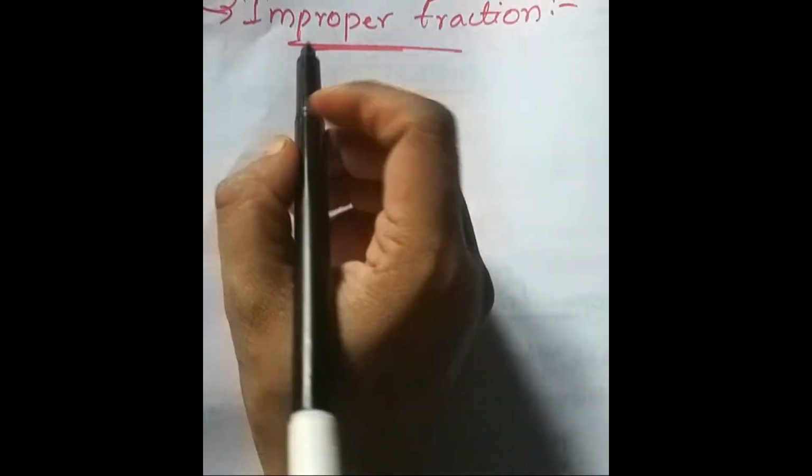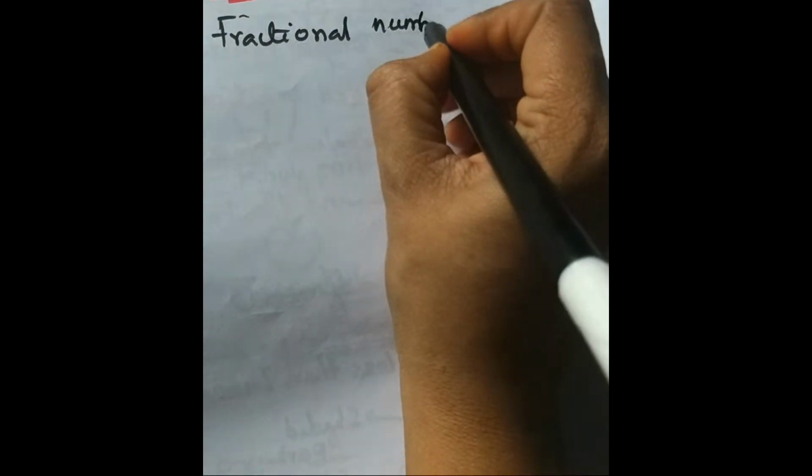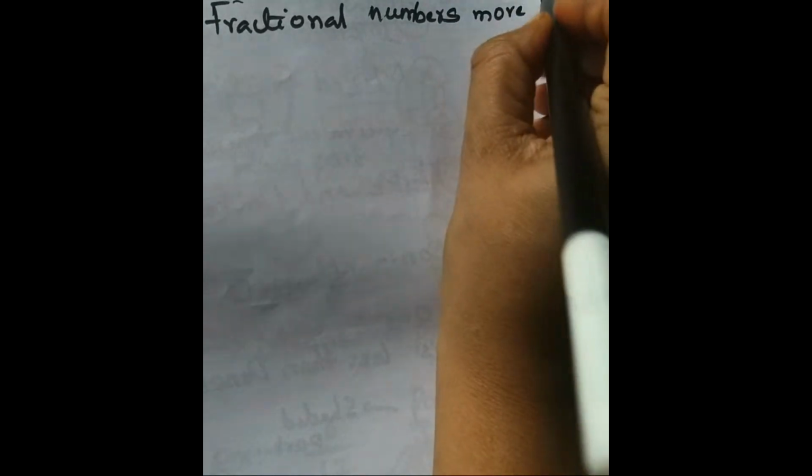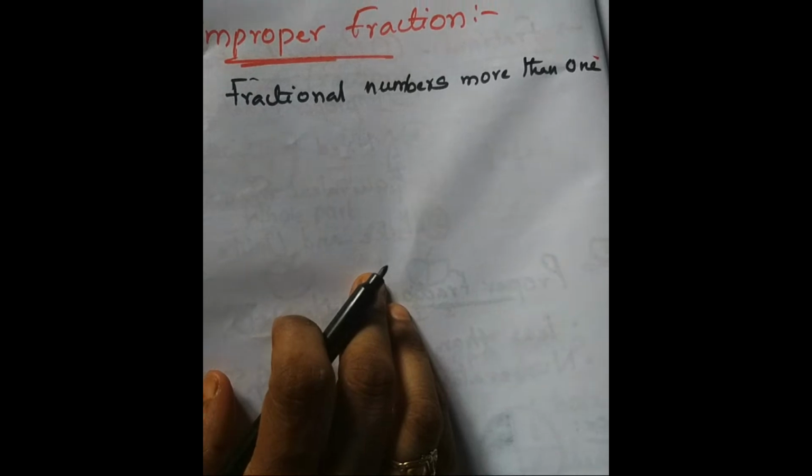But improper means the fractional numbers that are more than one. In proper, they are less than one.